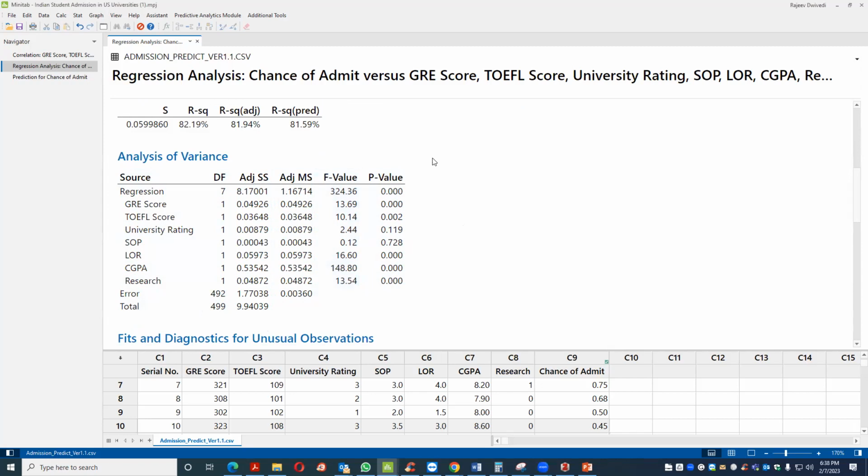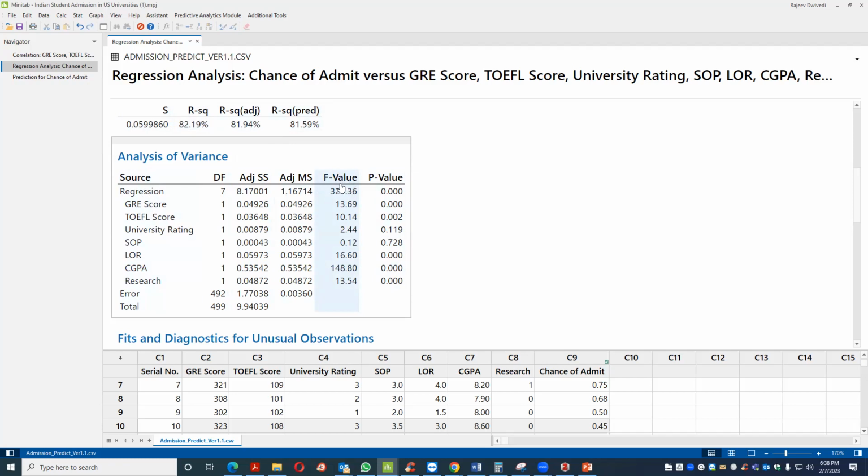Since this is multiple regression, R square is the causal relationship between dependent and independent variables. It explains the degree of impact these 6-7 variables are having on admission. It doesn't have statistics. Statistics are either F value, T value, or Z value.